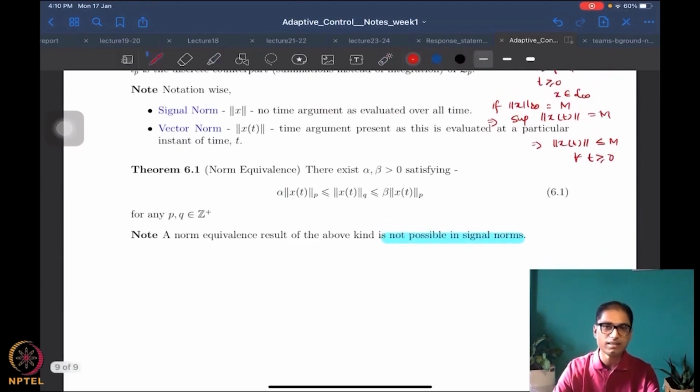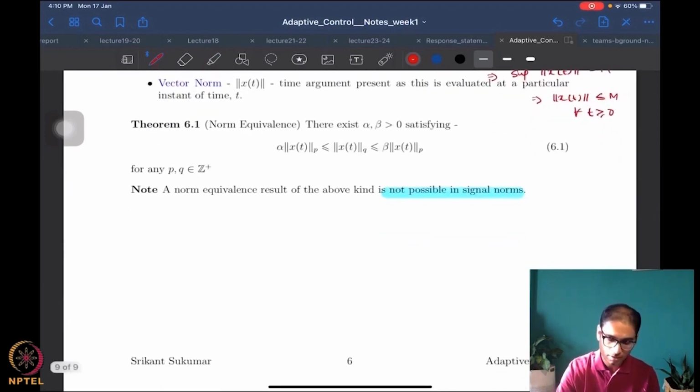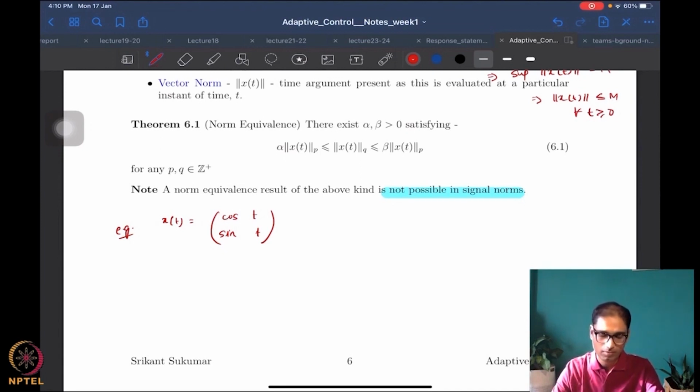And it's very easily shown by a very simple counter example. Suppose I take x(t) as the vector signal cosine t and sine t. So this is a counter example of why such equivalence is not possible. Now let's look at the infinity norm. So I will compute the infinity norm of x, and what is this? This is sup over t greater than or equal to 0 of norm x(t), and I choose to use the 2 norm because it's easy to compute.